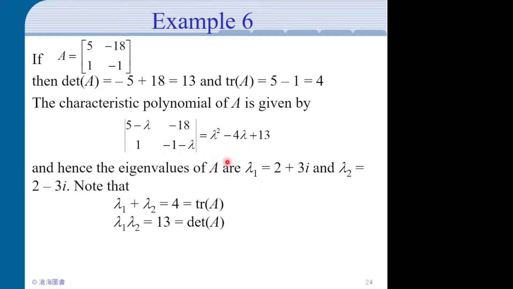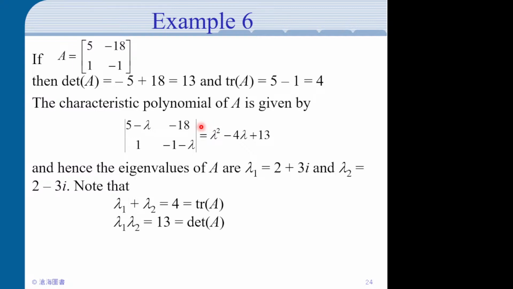So it's lambda squared, and let's see, plus 1 minus 5, so it's minus 4 lambda, and minus 5 plus 18, so it's plus 13.